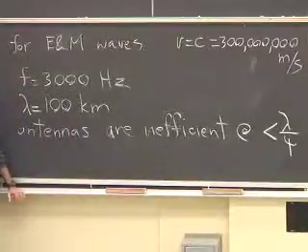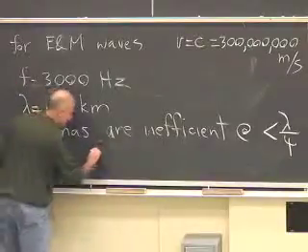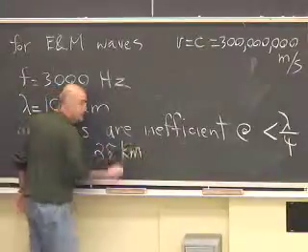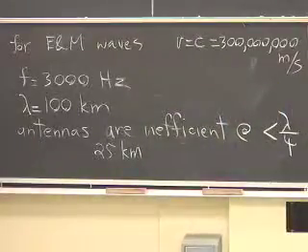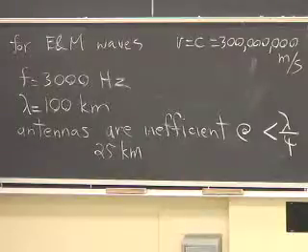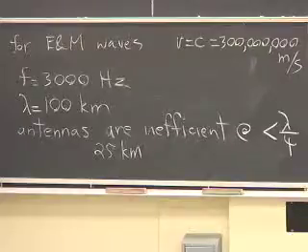What's the quarter of this wavelength? Which means, in this case, 25 kilometers. That means to efficiently transmit this signal, you need an antenna that's 25 kilometers long. And that obviously is a problem. Okay?